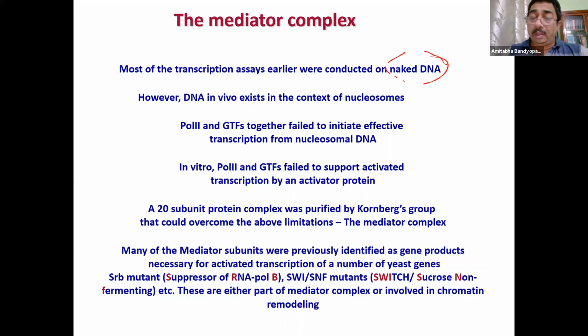So as I told you that the RNA pol2 is also referred to as RPB. Okay, I will show you how. So just remember these names: SRBs and SWI/SNFs. Okay, and these are part of the mediator complex, and I'll tell you how those genes were discovered.